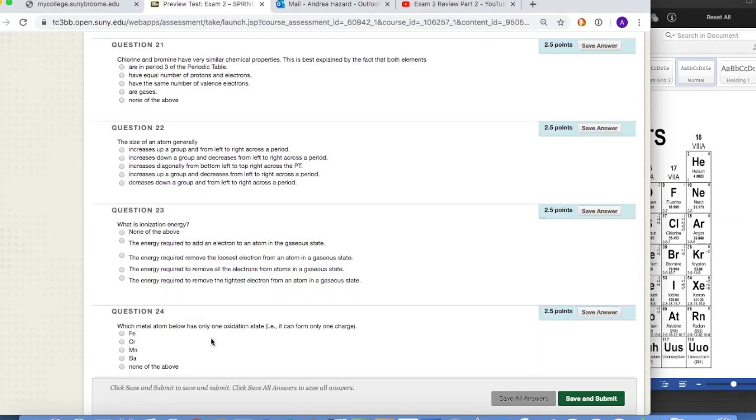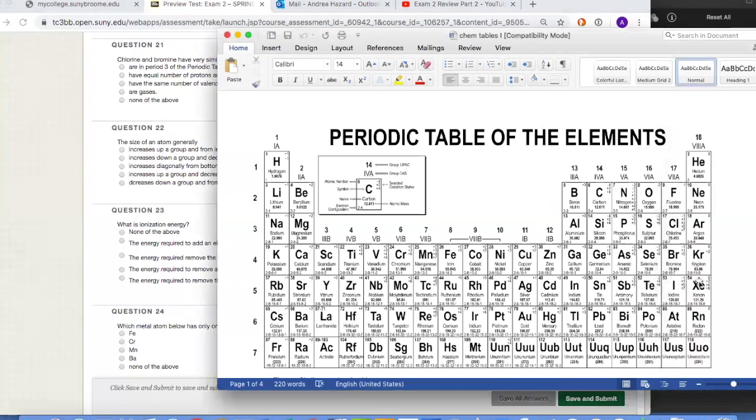And then question 24, which metal atom below has only one oxidation state? In other words, can only form one charge. So let's look again, we can look at the periodic table and see. Iron, if we look at the oxidation state, that's the number in the upper right-hand corner, iron can form two different ions. So it's got two, that's what it means.